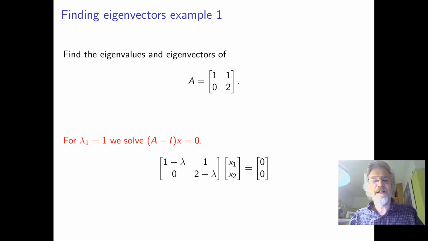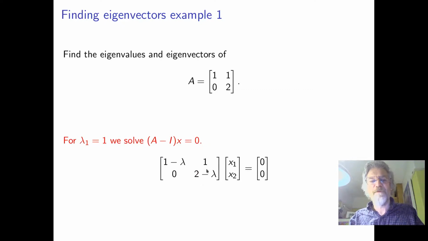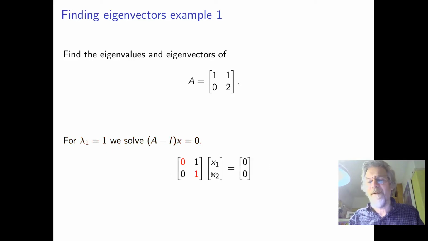Now we look at A minus lambda I, first for lambda 1, which is 1, so we subtract 1 from the diagonal. 1 minus 1, 2 minus 1. And look, that matrix is obviously singular because it has a column of zeros. Or if you like, the first 2 rows are the same, so they're obviously multiples of each other.